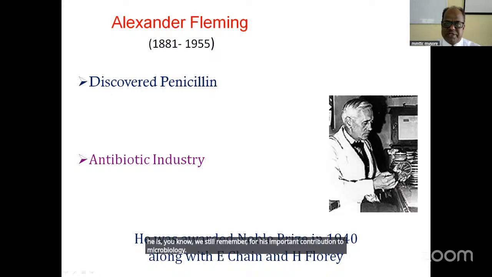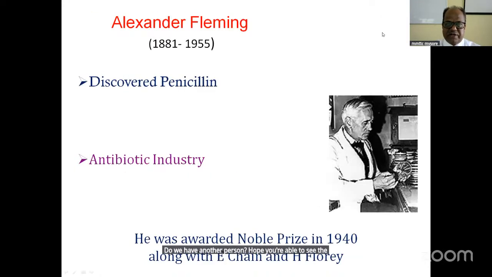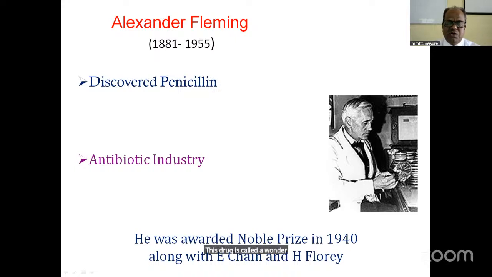We have another person. Hope you are able to see Alexander Fleming. He discovered penicillin. Most probably you have all been given an injection called penicillin. This drug is called a wonder drug. Particularly during World War II, it saved millions of soldiers. That important discovery was made by Alexander Fleming. It was an accidental discovery.